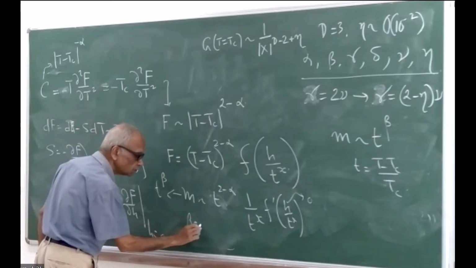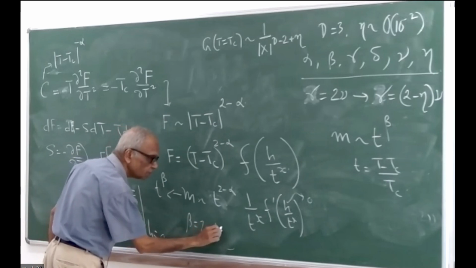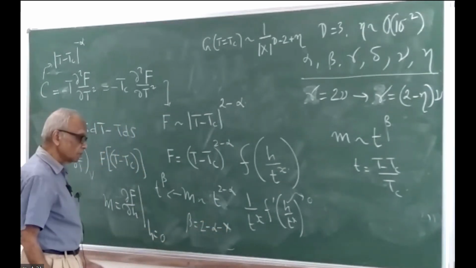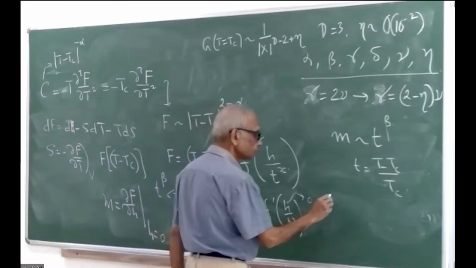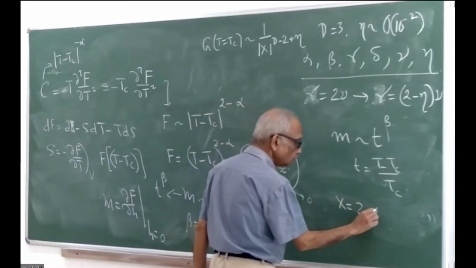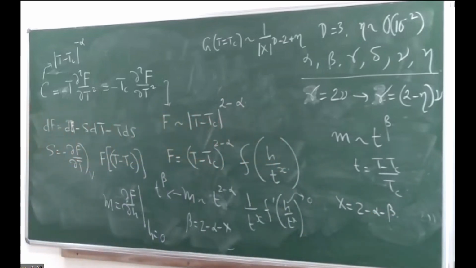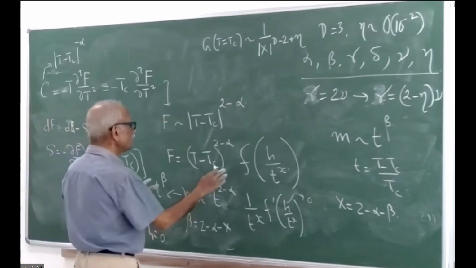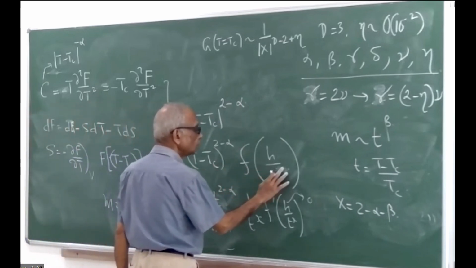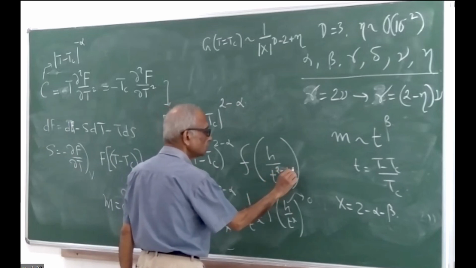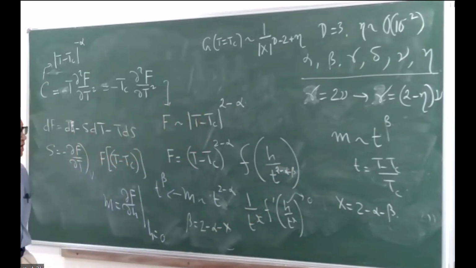So beta has to be 2 minus alpha minus x. So x is equal to 2 minus alpha minus beta. So the structure of this f is as such.